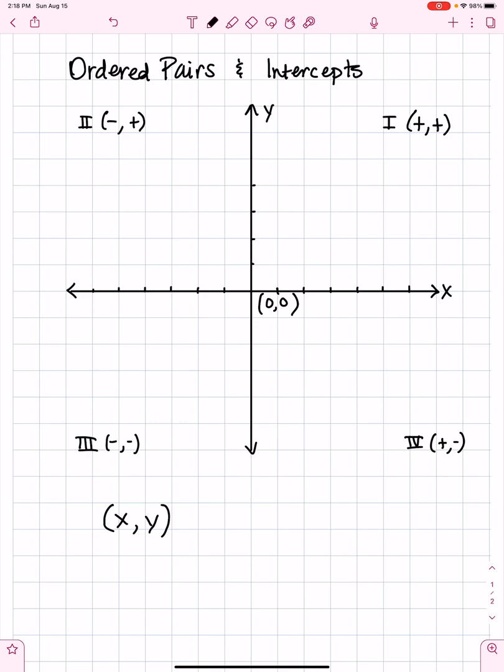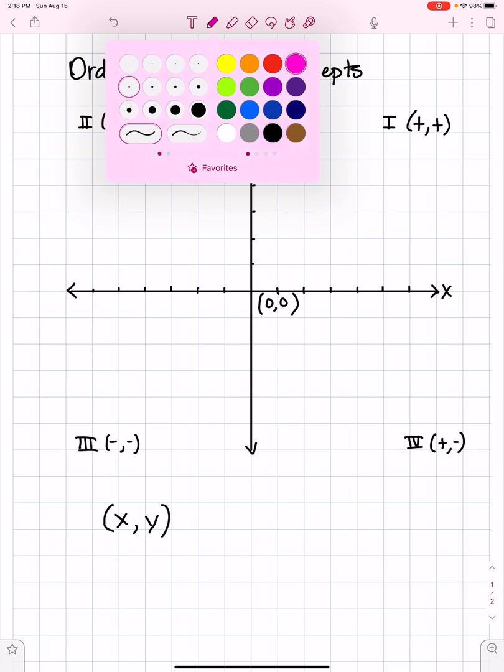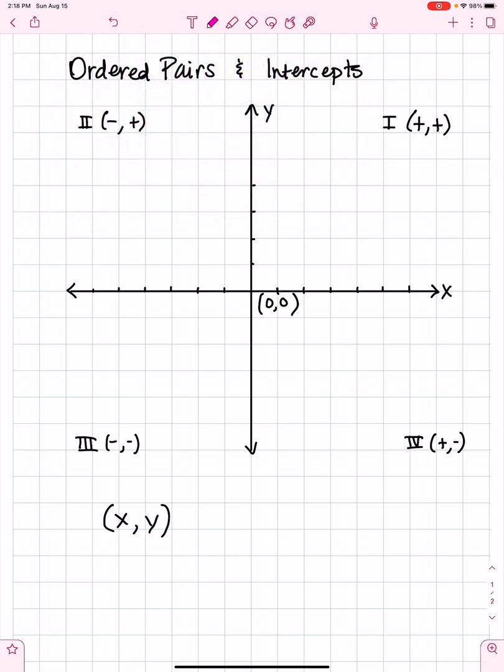Okay, so the very first thing we're going to do is let's plot some ordered pairs. Let's make the magic happen here. So I'm just going to give you a list of ordered pairs here, and we are going to plot them because it'll be neat. All right, so we're going to start with -3, 1.